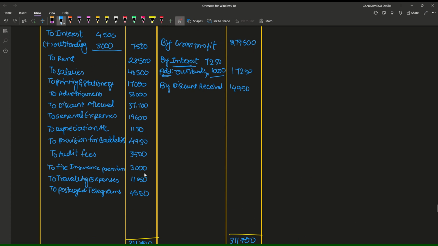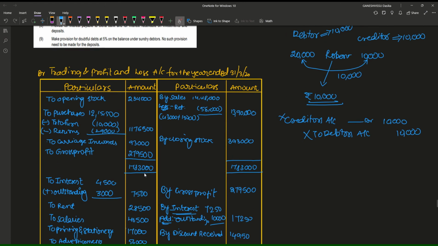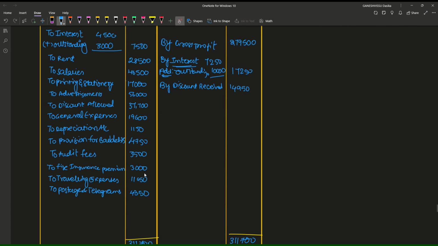And minus, we need to do all the things here. Minus 7,500 minus 28,500 minus 46,500 minus 17,000 minus 56,000 minus 37,700 minus 19,600 minus 1,150 minus 4,750 minus 3,000.